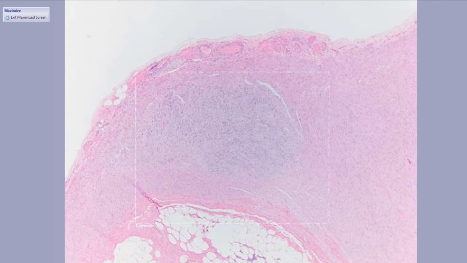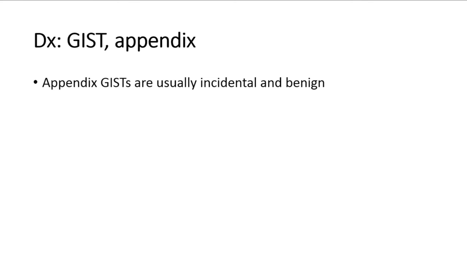Our preliminary findings with what we were able to dig up are that risk stratification based on mitotic count and size does appear to more or less hold for GISTs in these uncommon locations. Appendix GISTs were, in our study, uniformly incidental benign like this, although, of course, there's a case report for everything. So if you search, you can find case reports of large GISTs of the appendix.